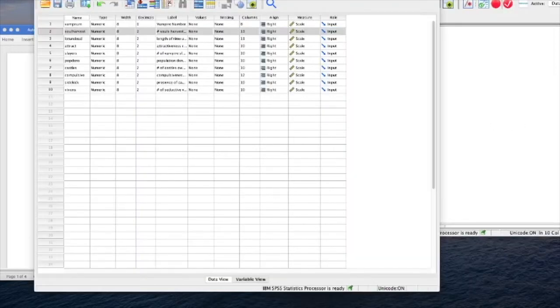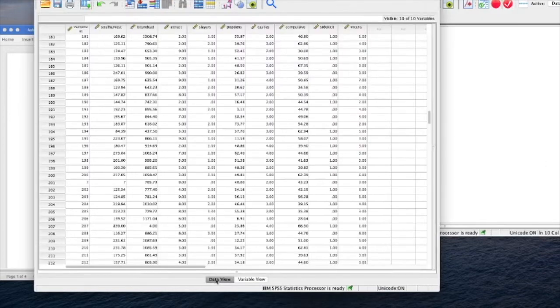Now, it's important to remember that just because what we're doing isn't a typical regression doesn't mean that we don't need to still check our assumptions. So here, even though we're going to be doing this through the process macro, the assumptions for a regression still stand, because at the end of the day, it's a regression that we're doing, just a fancier version.